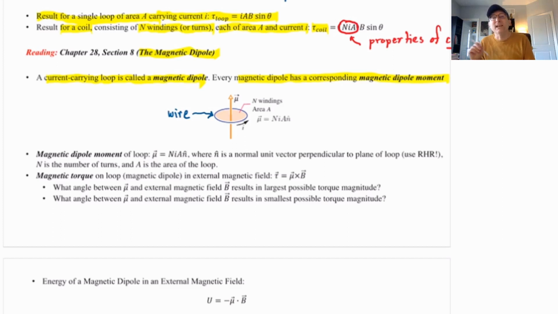Remember, the symbol for electric dipole moment was little p arrow. The symbol for magnetic dipole moment is completely different. It's a lowercase Greek letter mu arrow, because it's a vector. Okay? All right, here's its definition then. It's both written here and below.